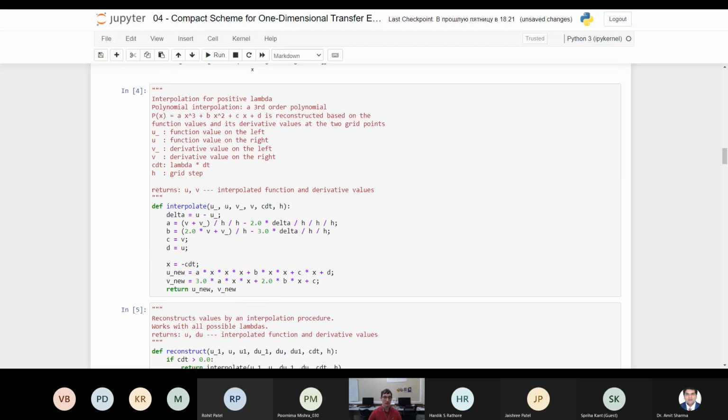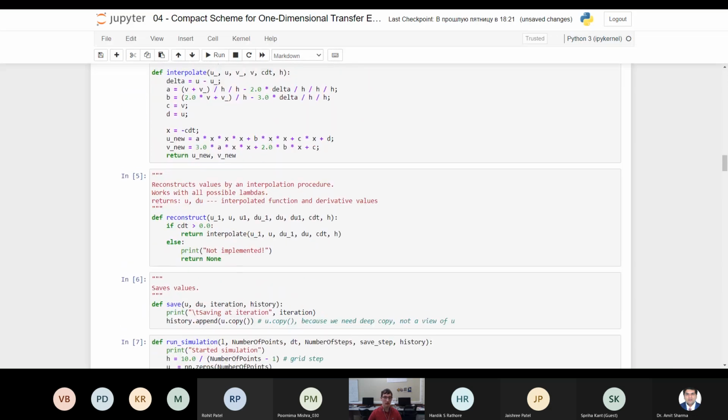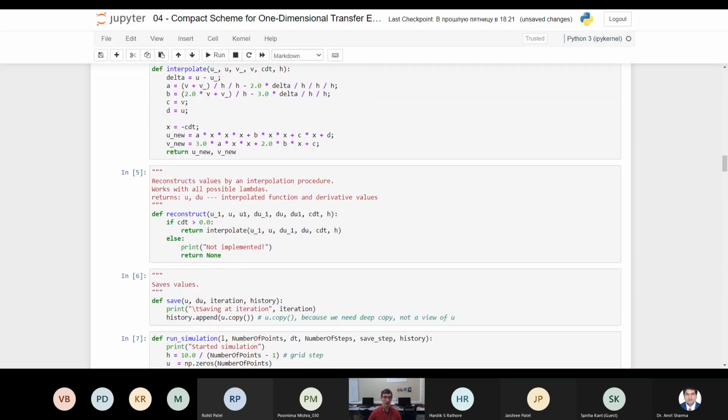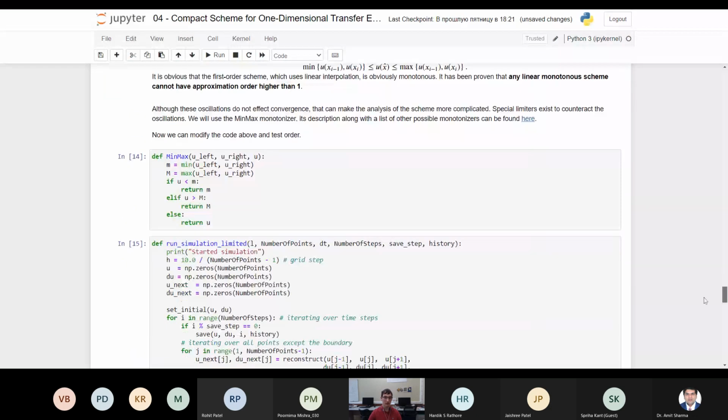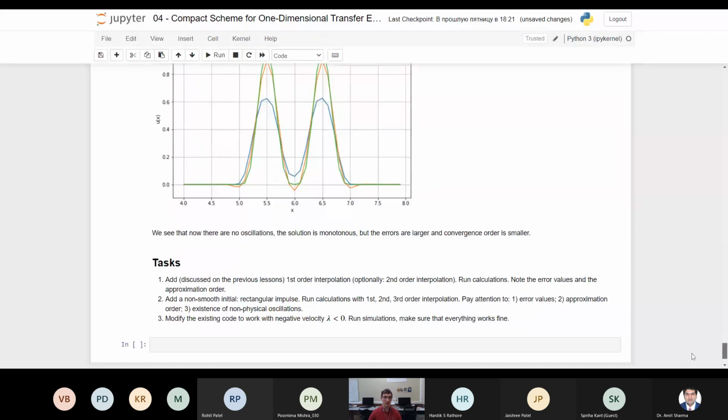You can either replace it or add your own function, like interpolate one for the first order interpolation, and then call the accurate function here and run the computations and see the difference between the numerical methods of different order.